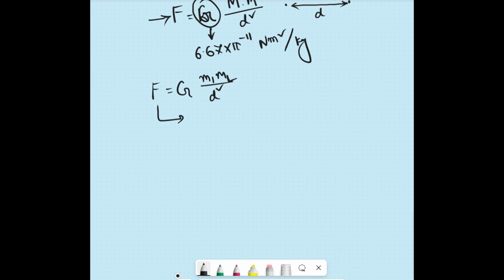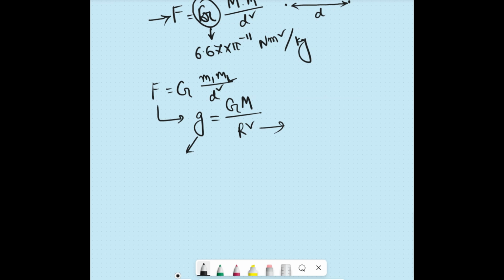From this equation we can define the acceleration due to gravity, g equals GM over r squared. Here r is the radius of the earth, and from this equation we can also explain the variation of g with height.